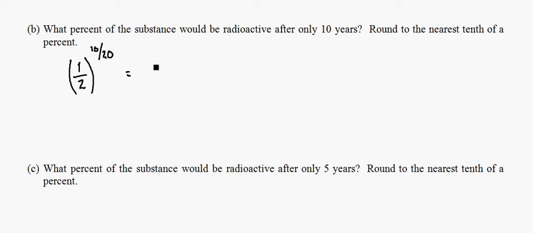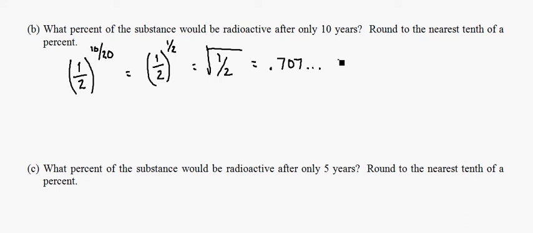I only get to apply it 1/2 times. I know that seems weird, but I have literally 1/2 to the 1/2. If you want to think about it this way, it's the square root of 1/2. That ends up being 0.707, etc. So 70.7% remains.